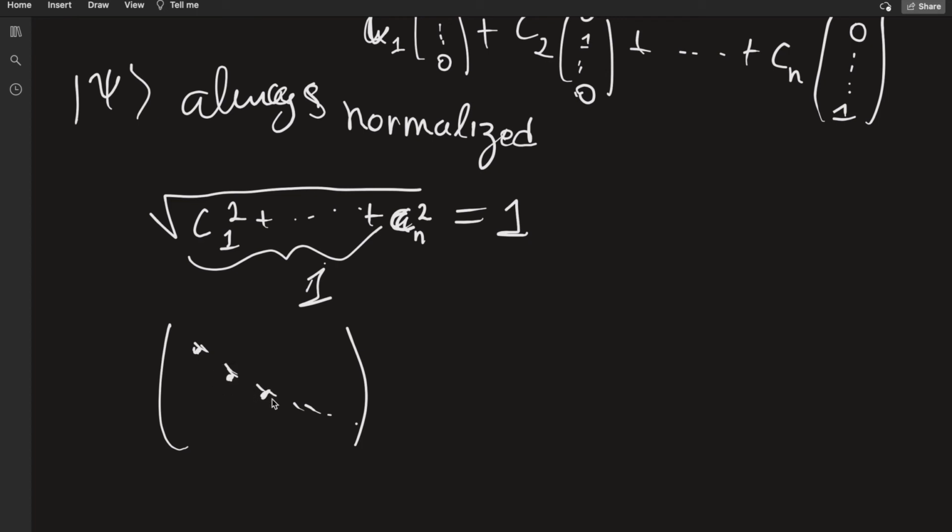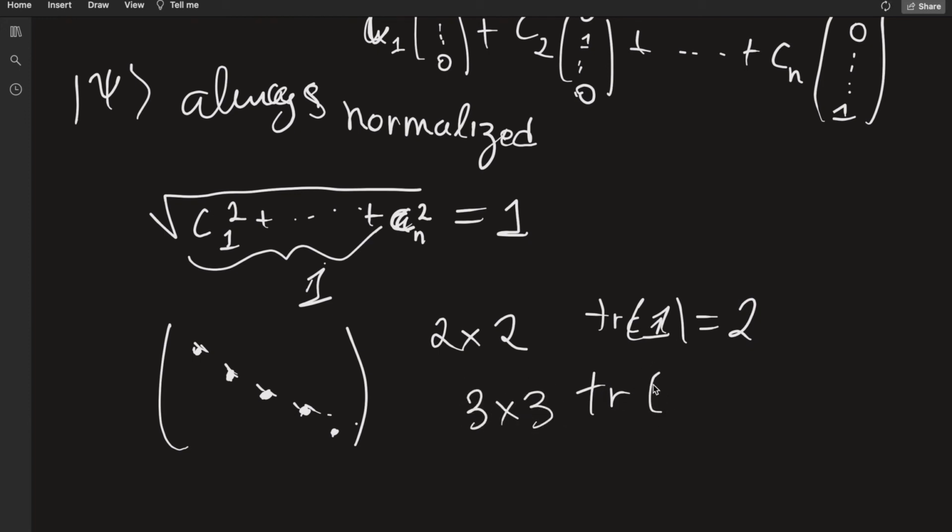I'm only dealing with square matrices. So if it's 2 by 2, then the trace of the identity matrix is gonna be 2, right? Trace of 3 by 3 is 3, and etc. Okay.